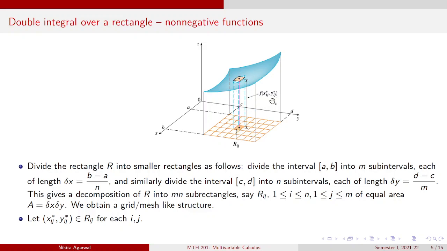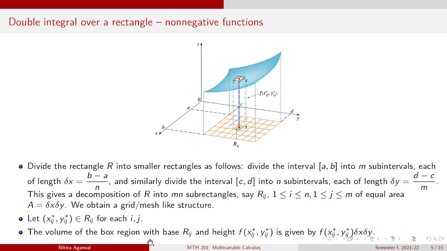It's f(x_ij star, y_ij star) times the area of this rectangle. What is the area of this rectangle? It's delta x delta y. Now you have found out what is the volume of this cuboid. So then you vary over i and j and you sum up the volumes of all the cuboids.